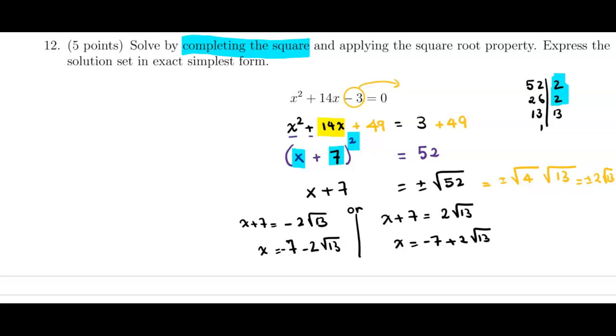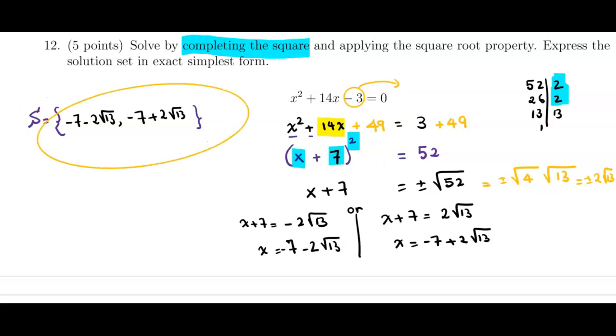So the solution set: open the set and close the set, and inside you're going to have the 2 solutions. So you're going to have minus 7 minus 2 radical 13, comma, and minus 7 plus 2 radical 13. I just want to emphasize something here. This is the final solution, by the way. There are 2 solutions.